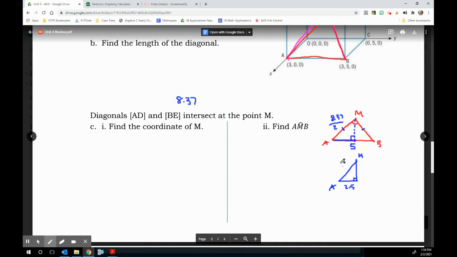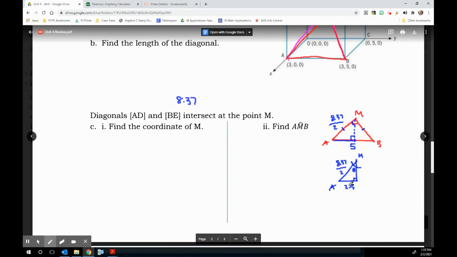This distance is that 8.37 over 2, which I'm just going to leave, but you can obviously work out in your calculator. And what we're going to do is use this information to find this angle. Note that's only going to be half of the angle M that we're looking for, but then we can easily double it and be good to go. So focusing on this angle, I'll call it theta for now.